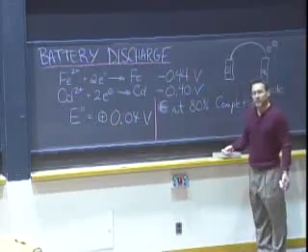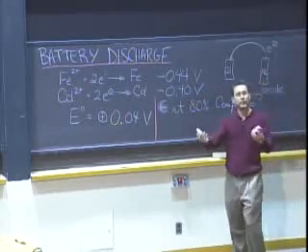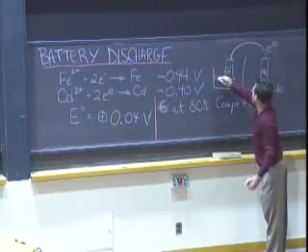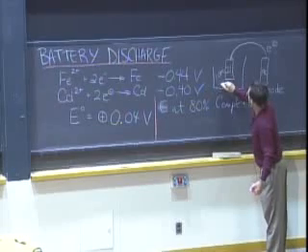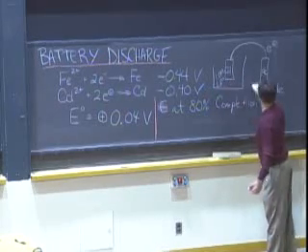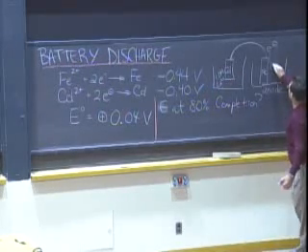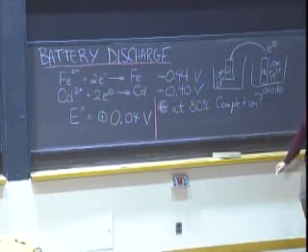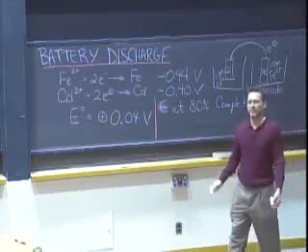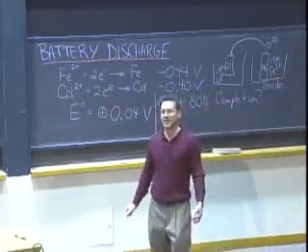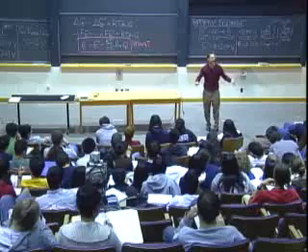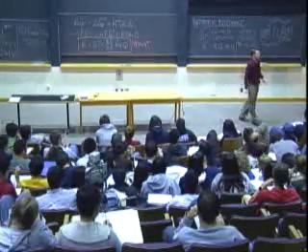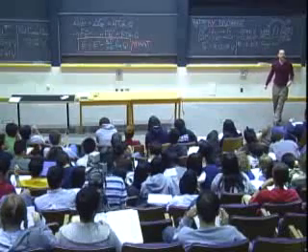Under standard conditions, we have 1 molar solutions on both sides of the ions. So in this solution, we would have 1.0 molar cadmium 2+, and over here in this solution, we've got 1.0 molar Fe2+, because those are the standard conditions, as you will see written in the header to that long table in your appendix, because you have to define standard conditions in order to have a standard potential, and the standard conditions are 1.0 molar of the ion respectively in solution.